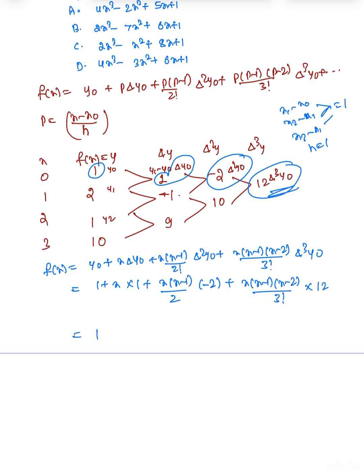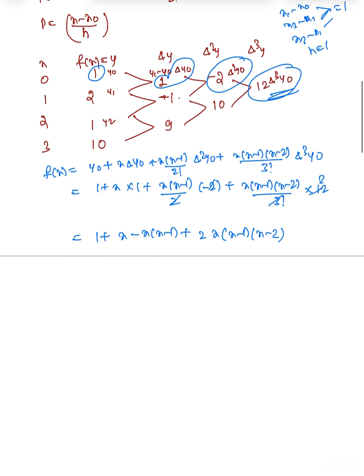So this is equal to 1 plus x plus, the 2 cancels, minus x into x minus 1, plus 3 factorial is 6, 6 into 12 gives 2, so 2 into x minus 1, x minus 2. So this is equal to 1 plus x minus x square plus x plus 2x into x square minus 3x plus 2.